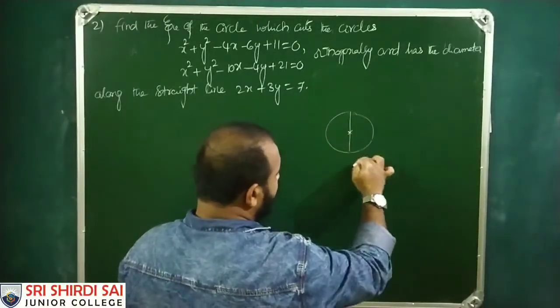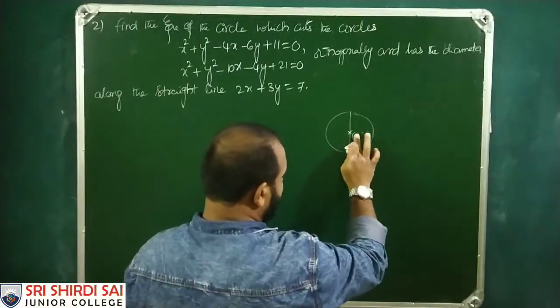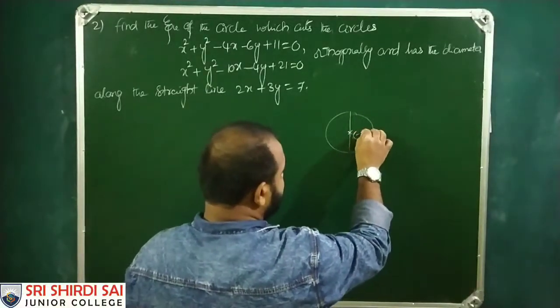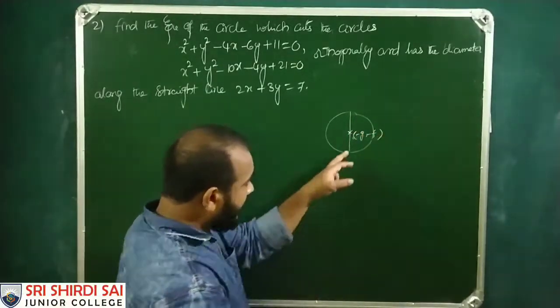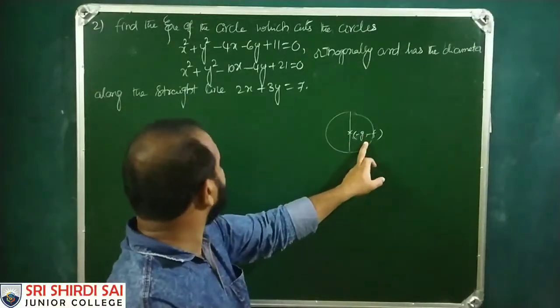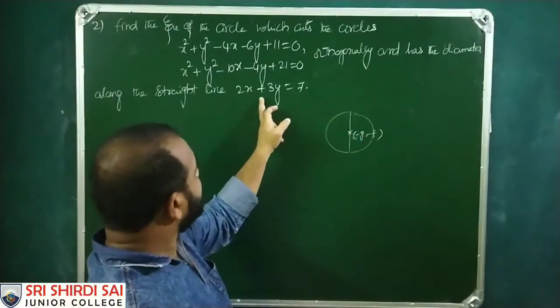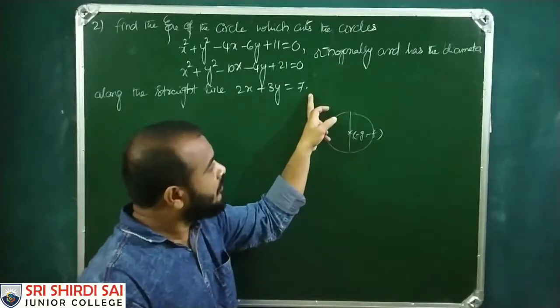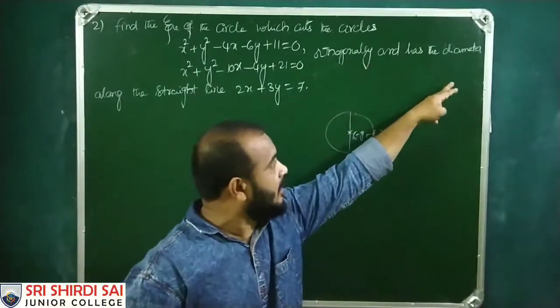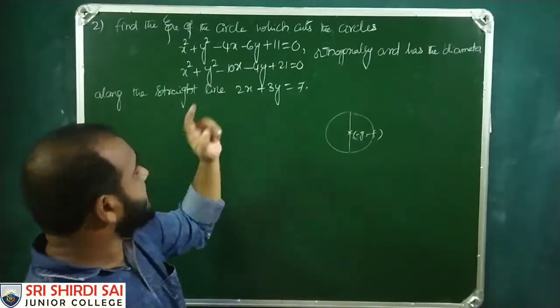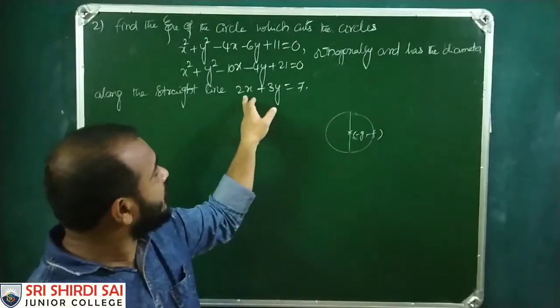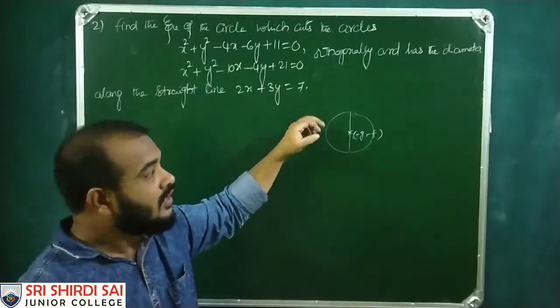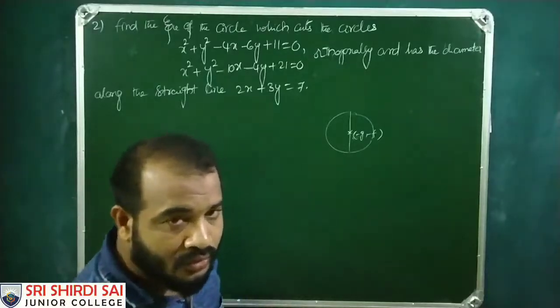So if the required circle is the general equation, its center is minus g, minus f. That should lie on the line 2x plus 3y equals to 7, because the required circle has the diameter along the straight line. The center lies on the line. Okay, so this is what we need to use.